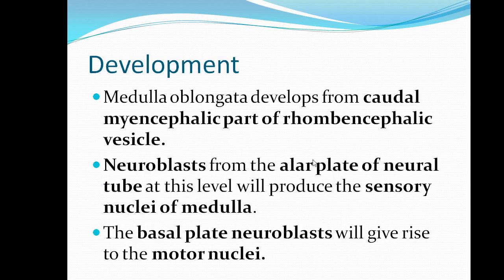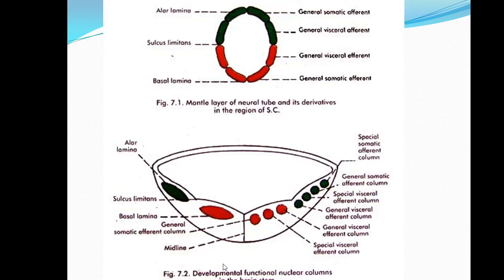Development. The medulla oblongata develops from the caudal myelencephalon part of the rhombencephalic vesicle. The neuroblasts from the alar plate of the neural tube at this level will produce the sensory nuclei of the medulla. The basal plate neuroblasts will give rise to the motor nuclei.